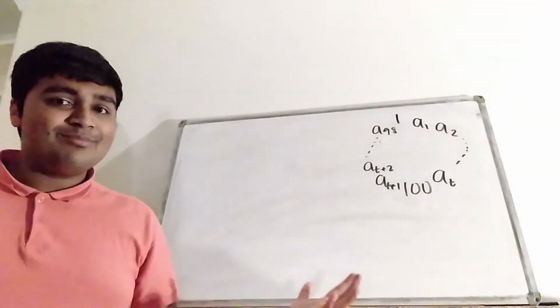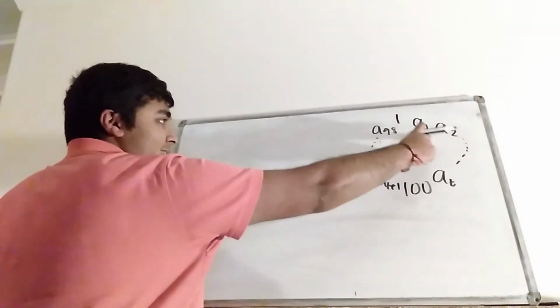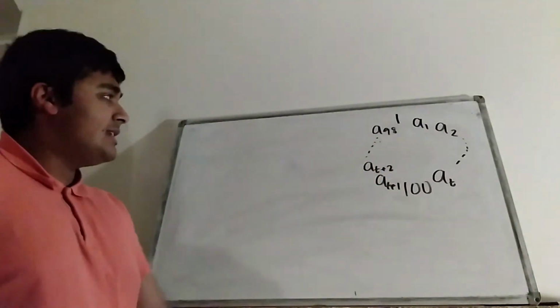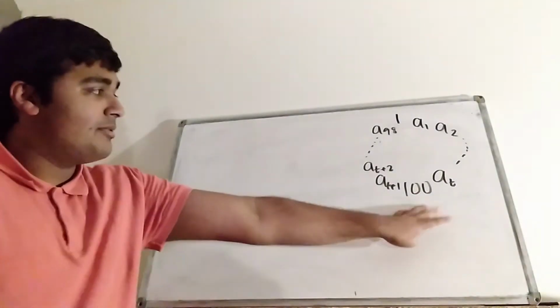Now let's look at some properties. Firstly, let's sum up the distances going around this arc: the distance between A1 and 1, plus the distance between A2 and A1, and so on. Let's start from this side here.